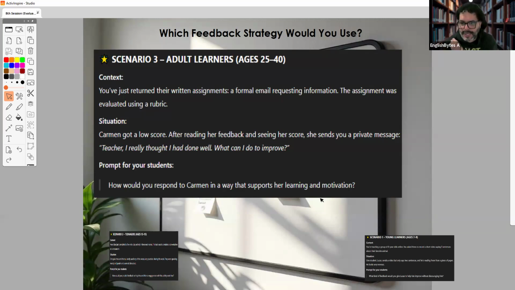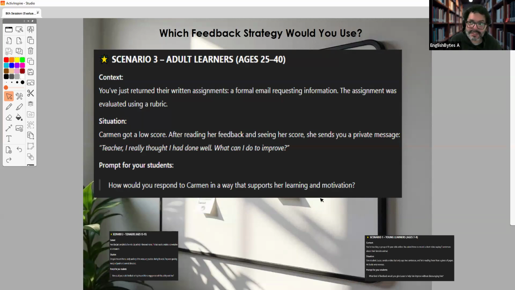This is a more common case. Let me see what you have to do with this or say about this. Because the message is showing you that she's not 100% sure of what her mistakes were.